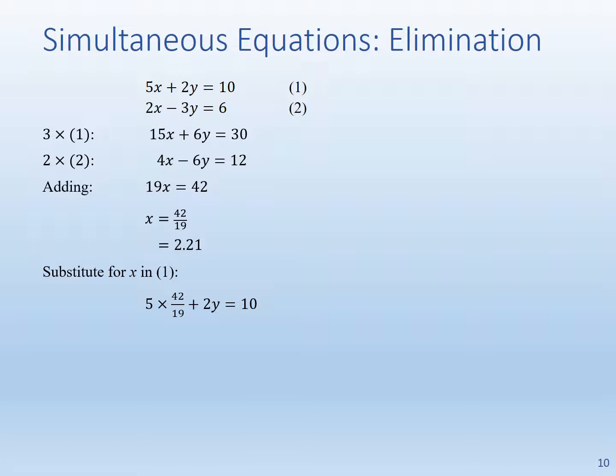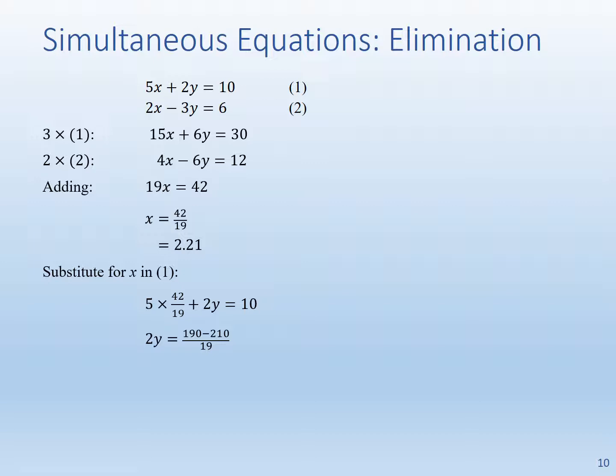x has now been substituted by 42 over 19. Notice that we use the exact value there, not the approximation 2.21. We can now solve that equation. What we've done here is multiply 5 times 42 to get 210 over 19, which we've subtracted from both sides, and the 10 we've expressed as 190 over 19.